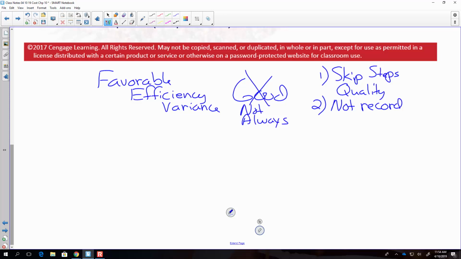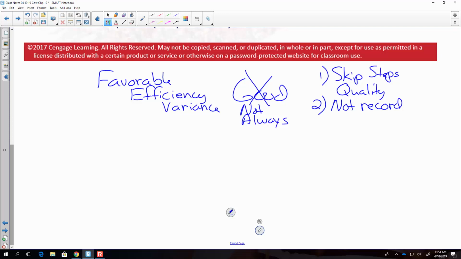So that is a problem, because we certainly don't want to skip operations to get something done sooner, because again, that might lead to poor quality in the end. So that's an example of where a favorable variance is not always a good thing.